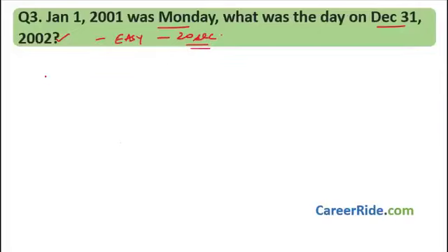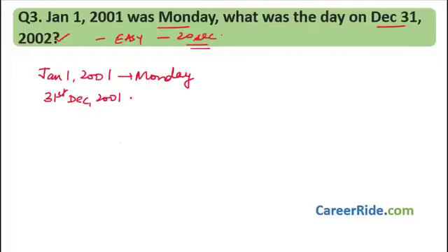How? Just see, January 1, 2001 is a Monday, it is given, and we know that if a year is a normal year, it starts and ends on the same day. So 31st of December 2001 is again going to be a Monday, right? Do I make sense? We have already learned this initially when we were learning the basics of this chapter.